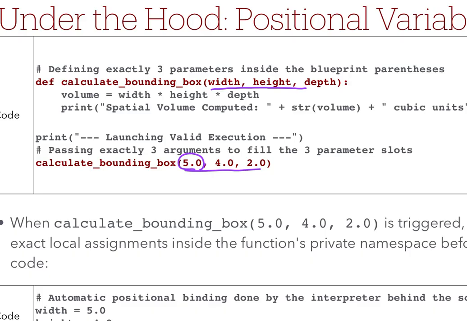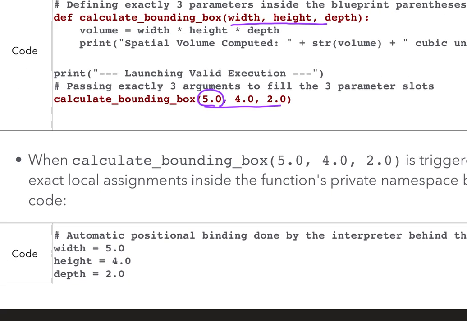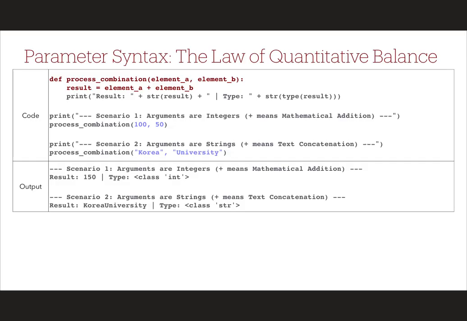So 5.0 will be given to the width. Inside the computer memory, 5.0 is assigned to the variable width, 4.0 is assigned to the height, and 2.0 is assigned to the depth. So inside your memory, some kinds of assignments like this will occur. That's the case of the function call.